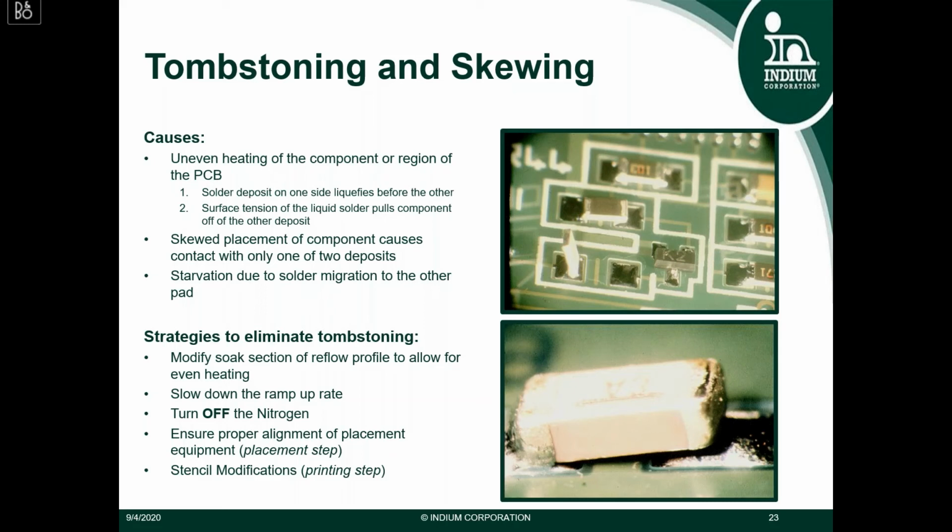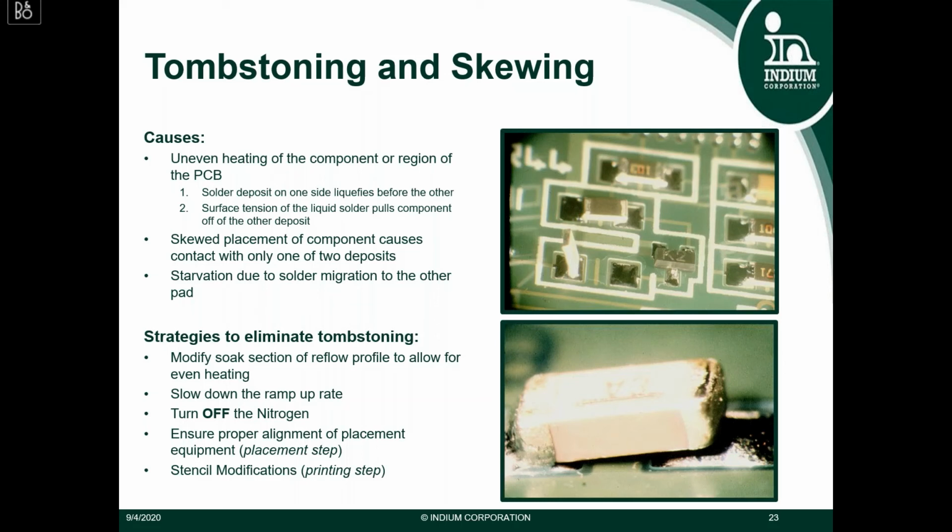As the assembly is going through reflow, the two different solder paste deposits may see two different temperatures at two different times. One solder joint can start to melt faster than the other. The solder deposit that melts faster will start to pull the component upwards due to surface tension, and it will form a tombstone.